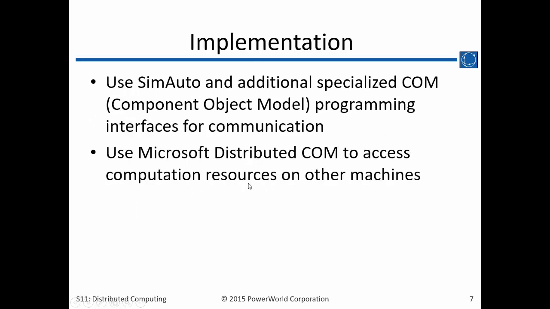The way this works in Simulator is it uses our automation server called SimAuto, and it uses Microsoft Distributed COM to access computing resources on other machines. So in order to make use of this tool, you have to license our SimAuto add-on, and you have to have a site license of Simulator with SimAuto.